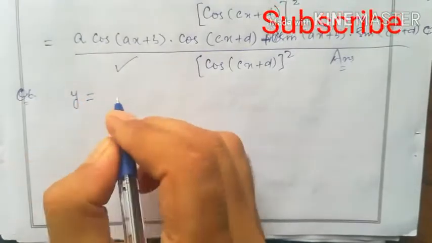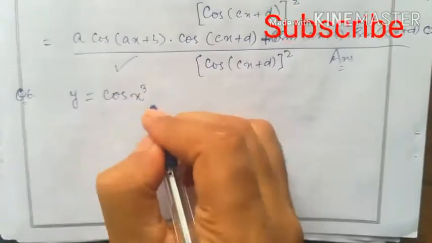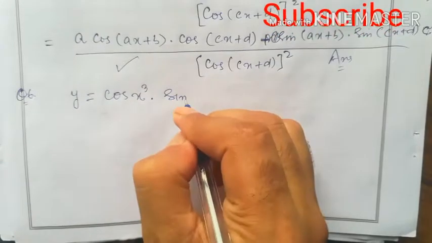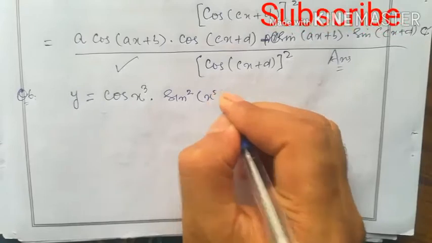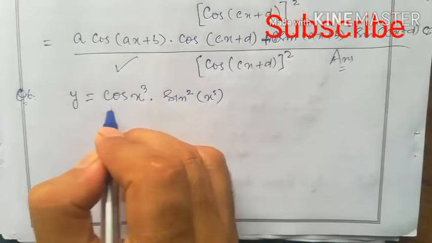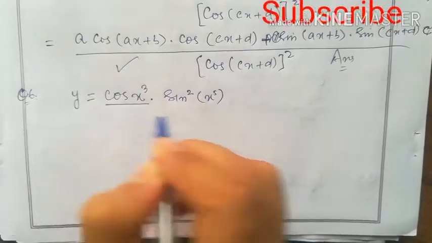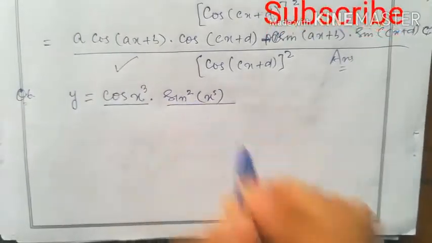Y is equal to cos x cube into sin square x 5. So here two functions are here. One is cos x cube and the other is sin square x 5.